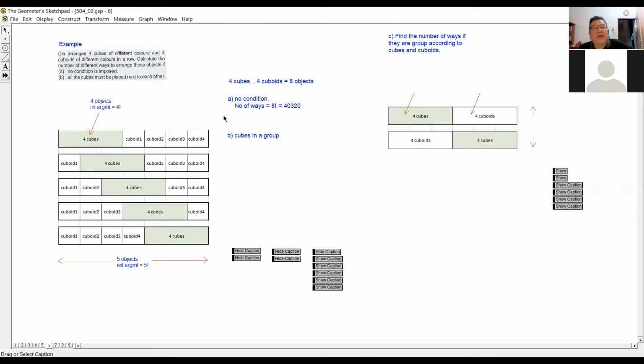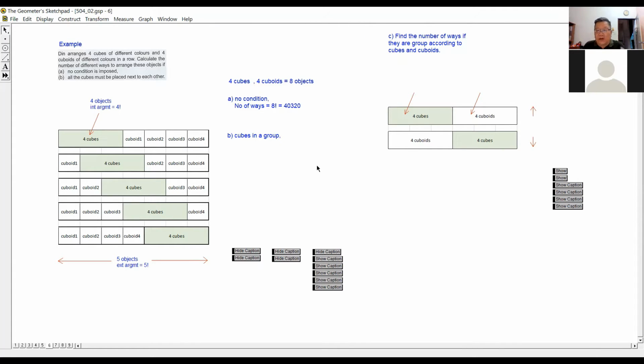So the number of ways of arranging the 8 objects is 8 factorial, because there's no grouping, there's no identical object, so 8 factorial. Now the first question here, all the cubes must be placed next to each other.